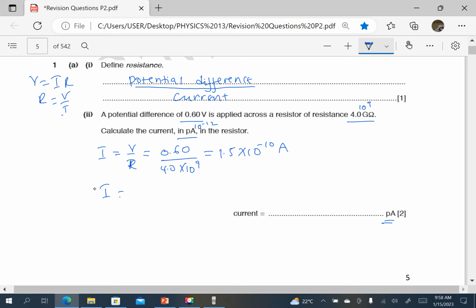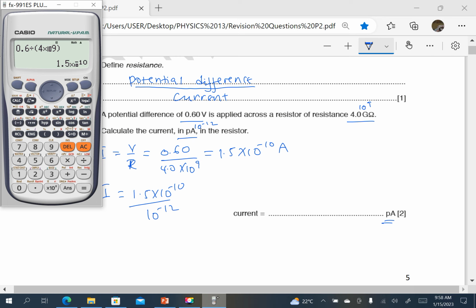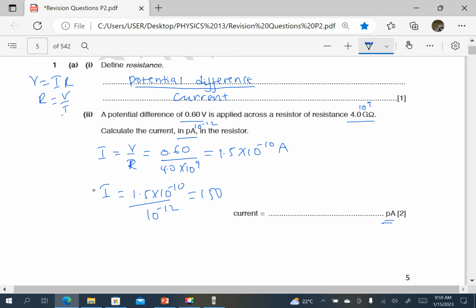So I is going to be 1.5 times 10 power negative 10 divided by 10 power negative 12, and that is 150. So the current there is 150.